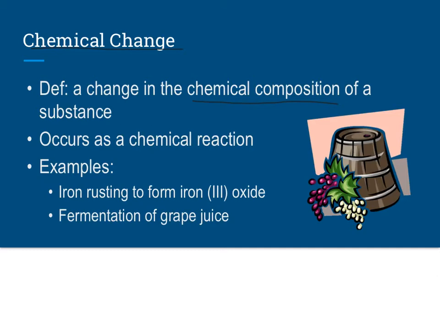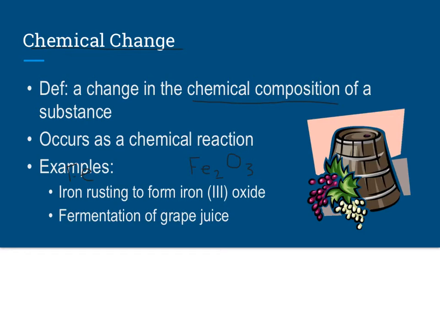Some everyday examples of chemical changes would be iron rusting. When iron rusts, it forms a completely new compound, iron(III) oxide. Iron(III) oxide is the chemical name for rust, and if I were to look at the formula, it would look like this. Iron by itself is simply Fe.